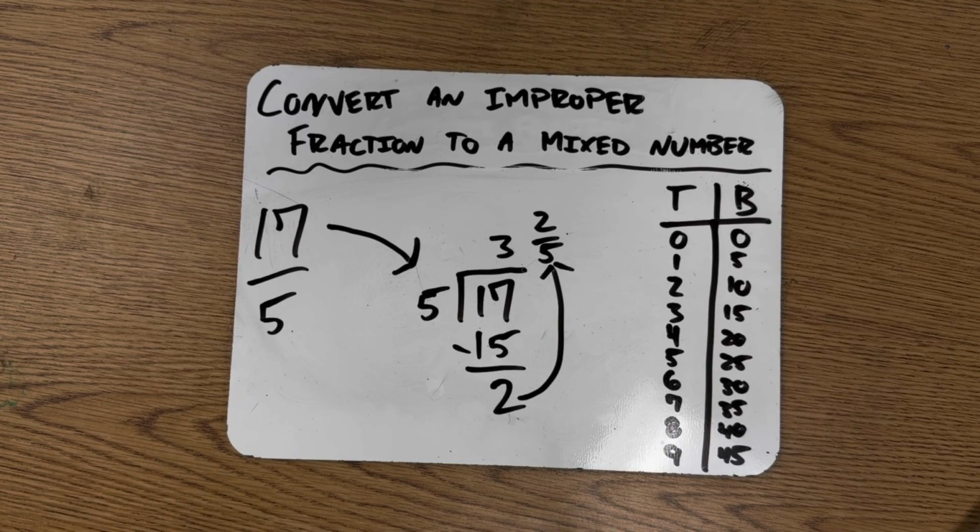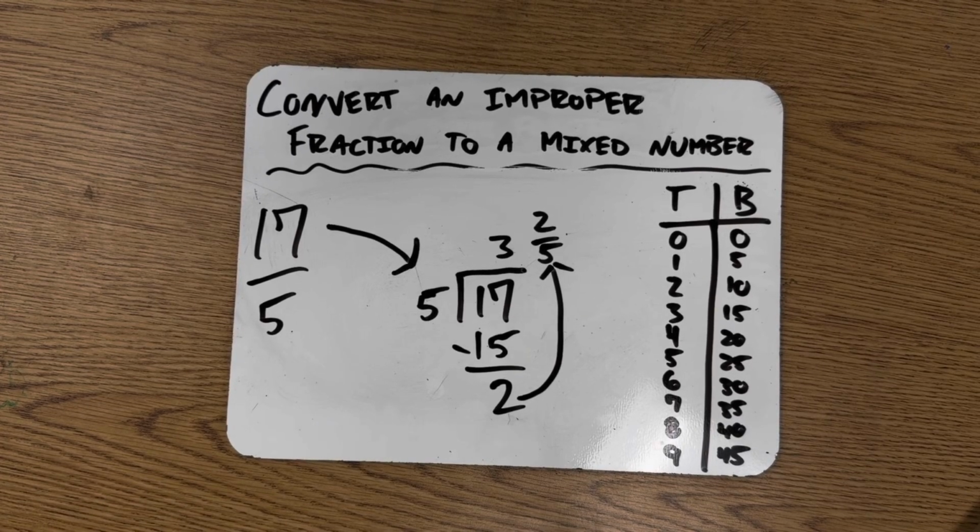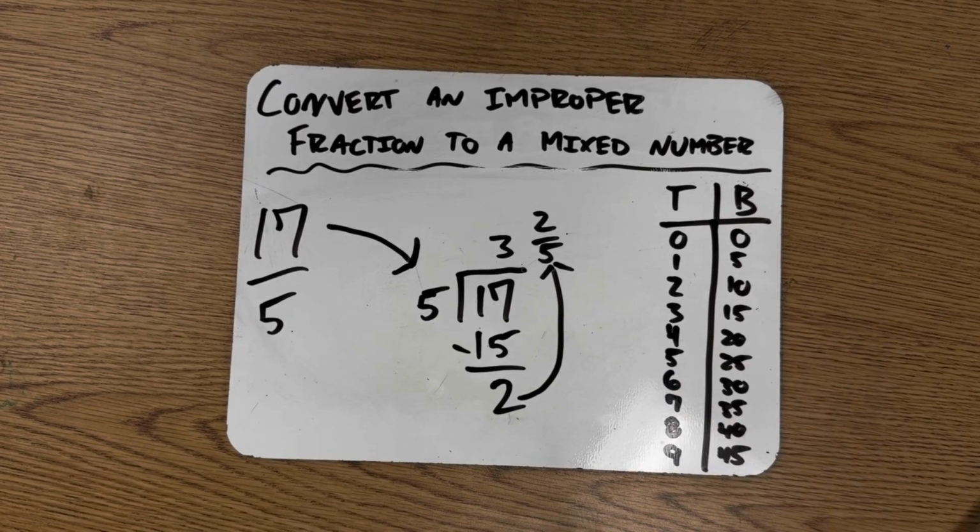So yeah, that is converting an improper fraction over to a mixed number. A little bit more work than converting a mixed number over to an improper fraction. But mixed numbers are generally easier for us to visualize. It helps you catch mistakes too, because if somehow you did this and you ended up with an improper fraction there, it makes it so that you know that it's wrong, or it helps you understand what the number actually means in context, so you don't end up with 42 pizzas for some reason when you did 17/5.